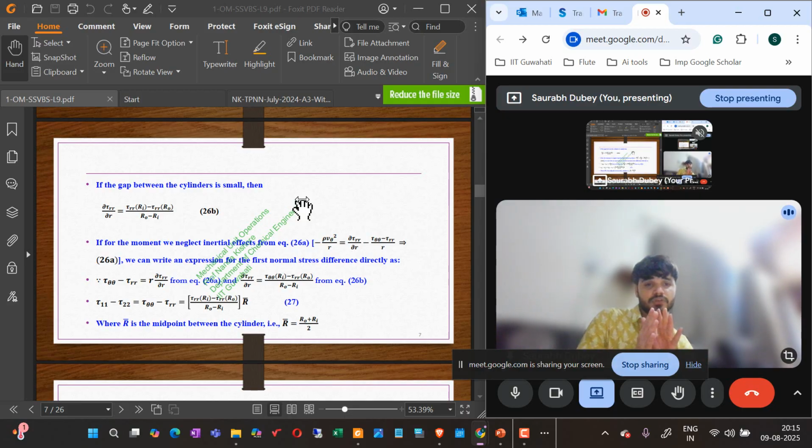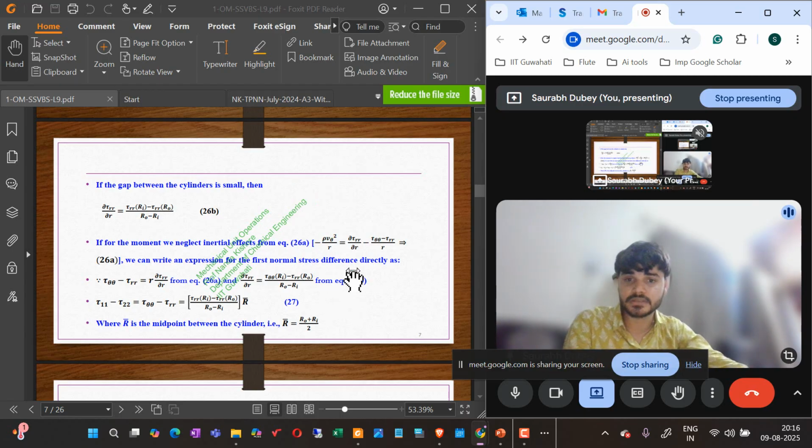If you are not considering the curvature effect, then it is as if two cylinders are here and they are parallel to each other, right?